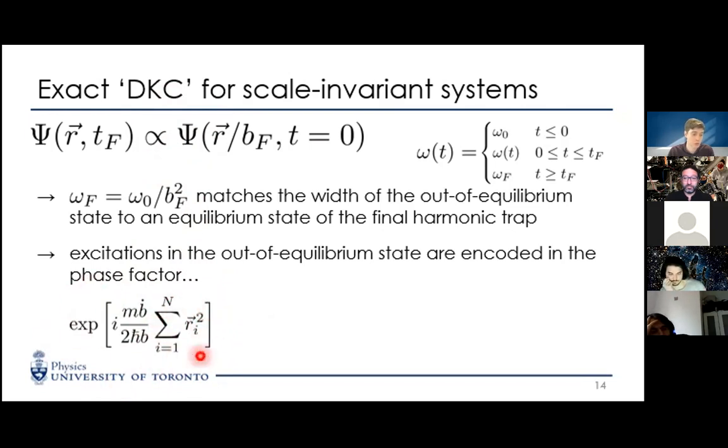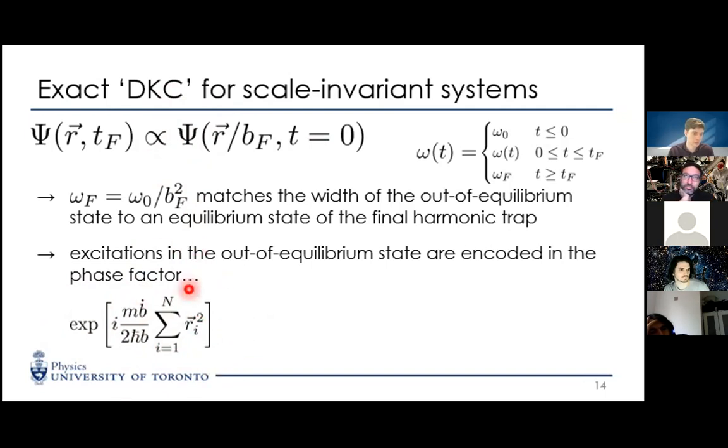We've gained a quadratic phase, or a phase quadratic in the position, because we started in a harmonic oscillator. And in a classical interpretation of this expansion, this b dot over b looks like a local velocity of the expanding cloud.